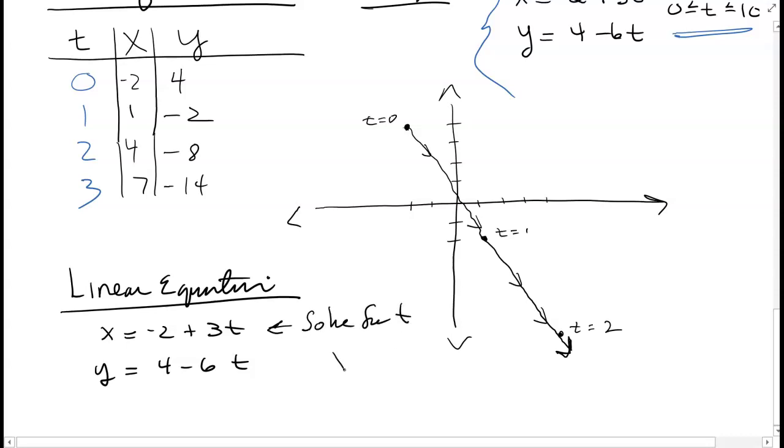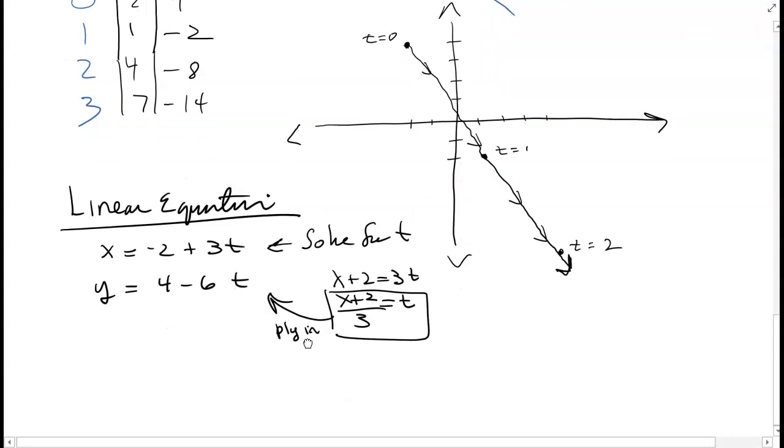So that would be what? X plus 2 equals 3t. T equals x plus 2 divided by 3, right? And plug it in. Plug it in. So y equals 4 minus 6, x plus 2 over 3.